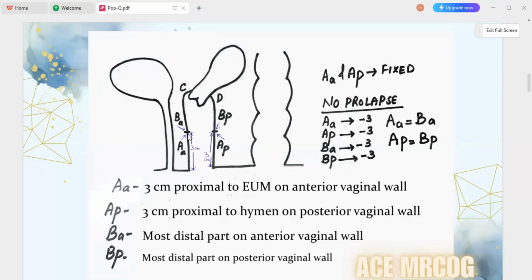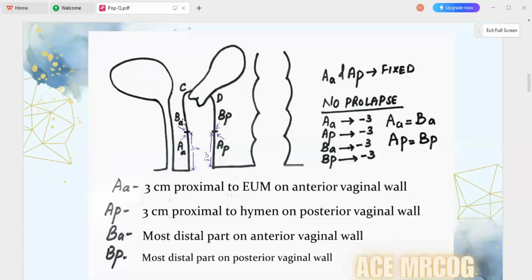So this is AA and this is AP. So this is the A point, and the most distal part on the anterior vaginal wall, this is the distal portion. This portion is marked as BA and this portion is marked as BP.